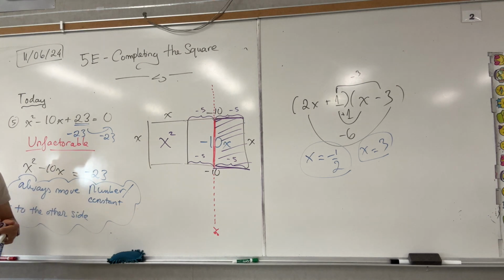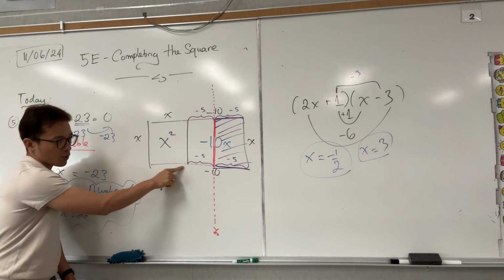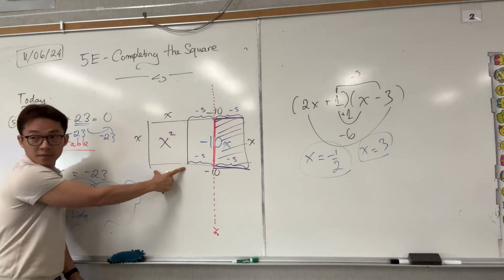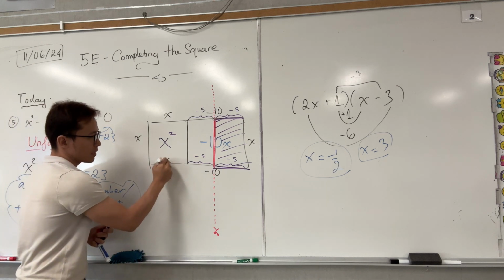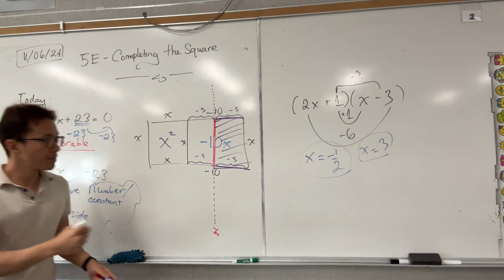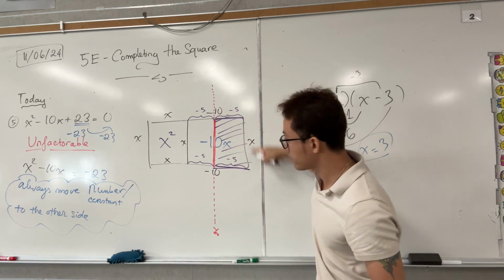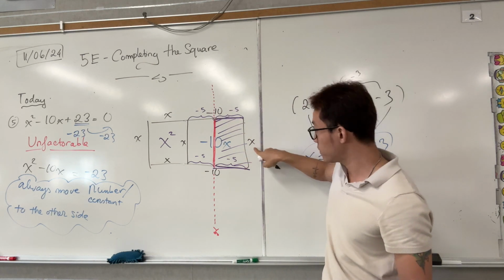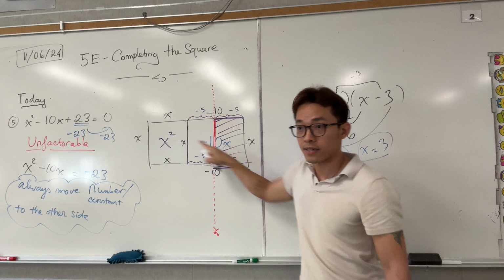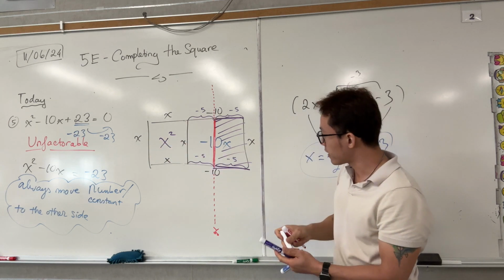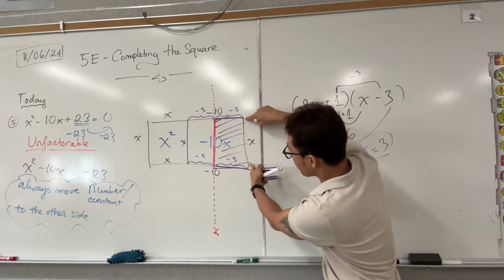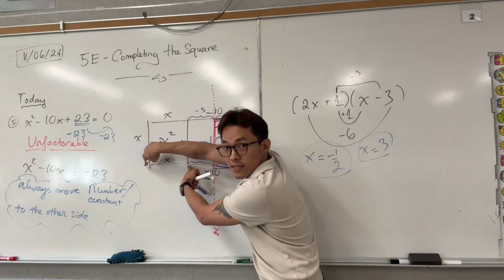Now let me ask you this. What is the side of this one? X, right? This is good, because this is the square. What is the side of this one? Also X, same side. So can we just move this X over here? Same X anyway.